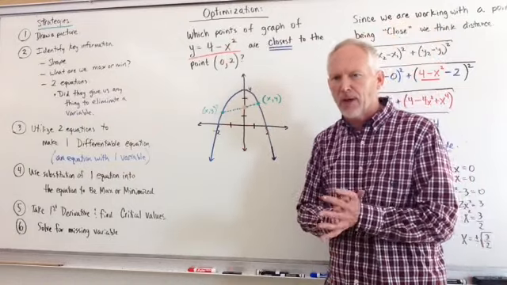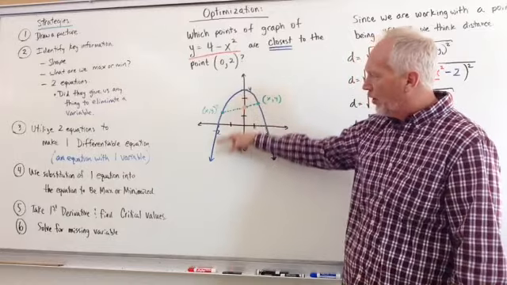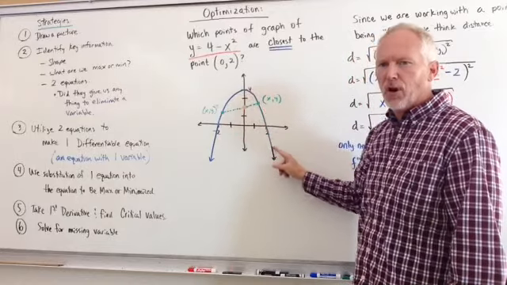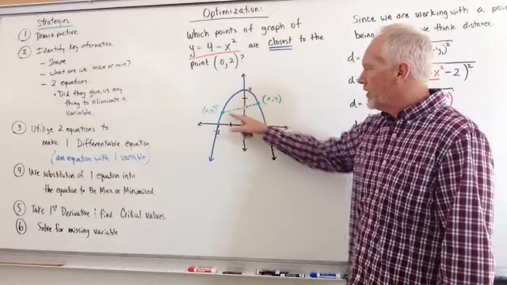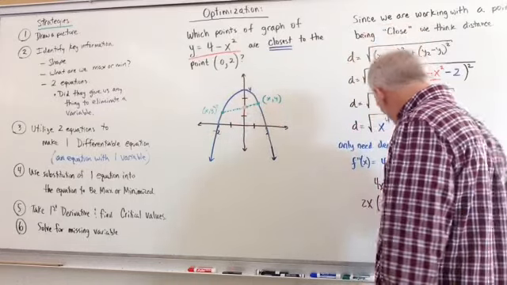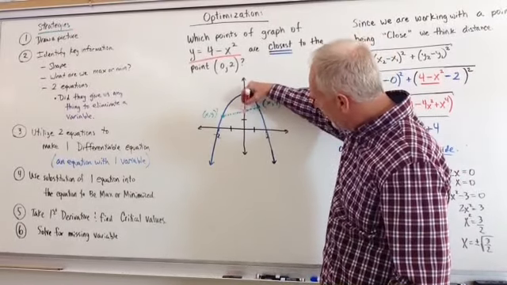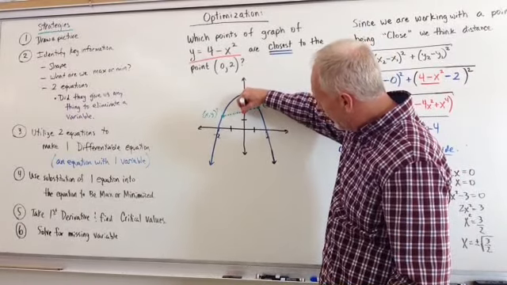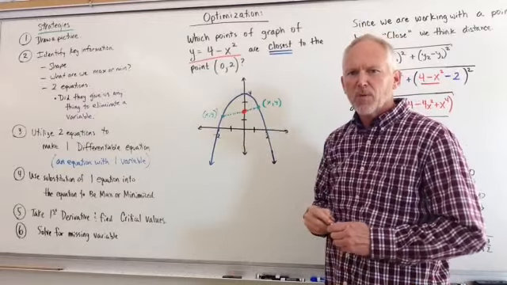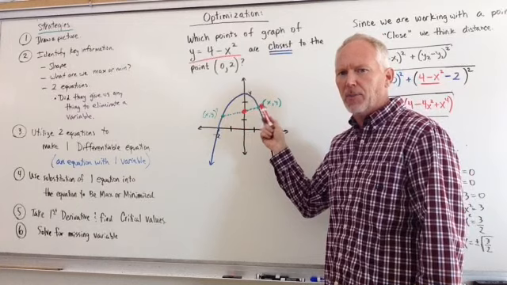It's the basic parabola that we have. And what it's asking is, along this curve, which points are the closest, right? Is it over here? Is that closer to this point (0, 2)? And so (0, 2), maybe not be able to see it very well there, but it's right here in the middle. Okay? So we want to know, is the point over this way, or is it up here?